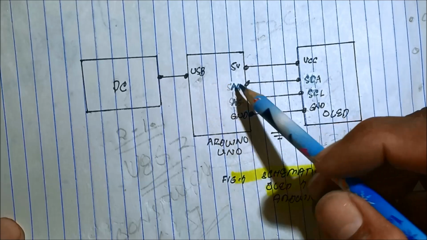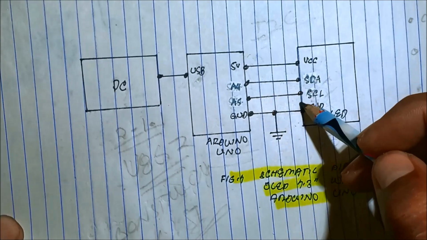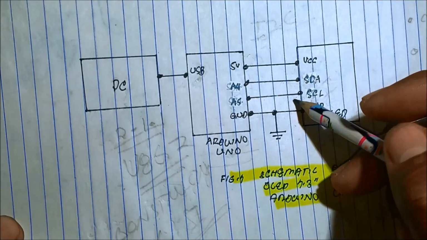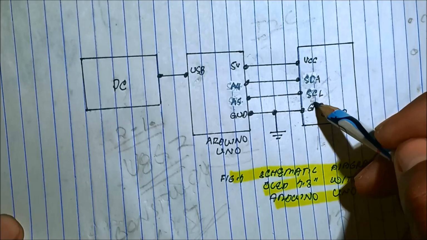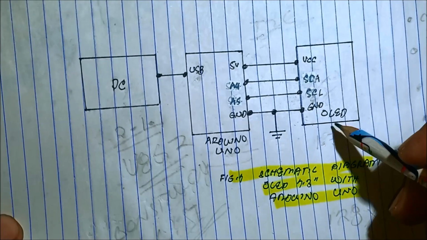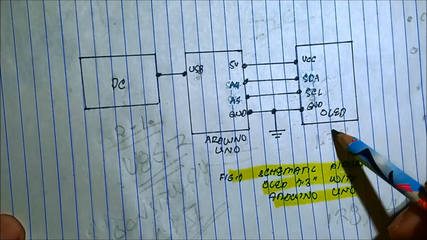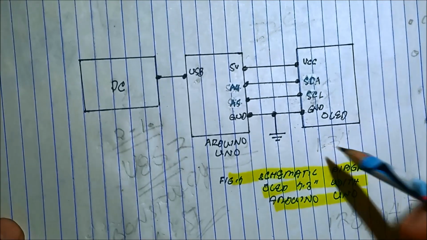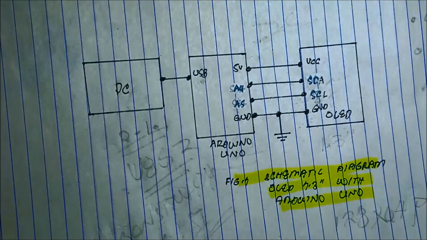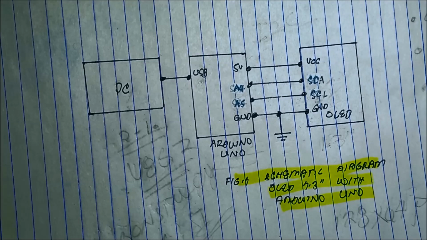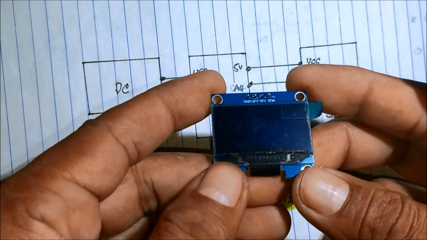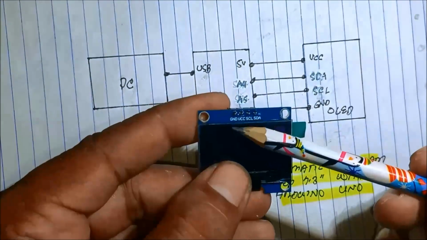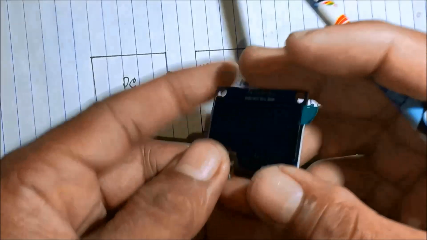And since we have the clock, there is a certain address for this OLED module, and it is fixed. We can see the address of this module. Here is the module: we can see the ground, VCC, SCL, SDA.